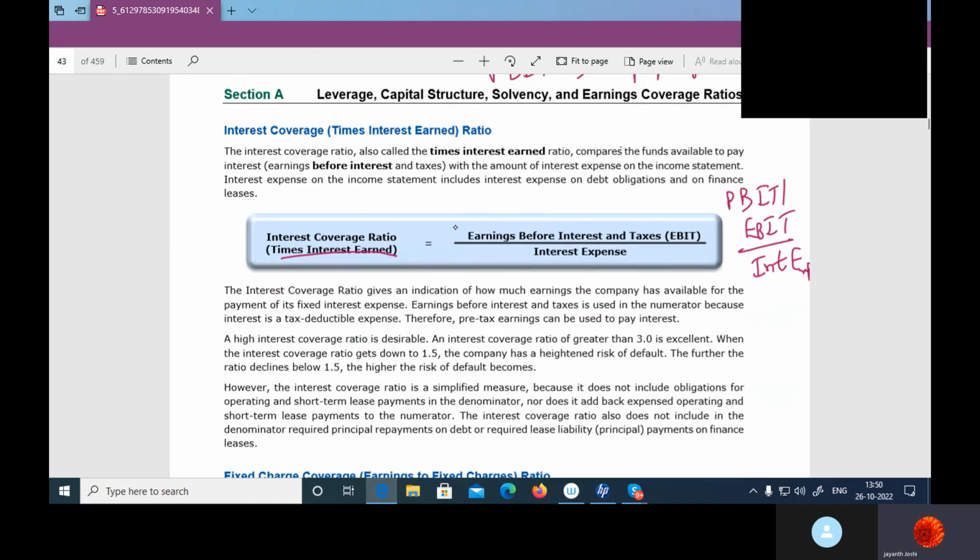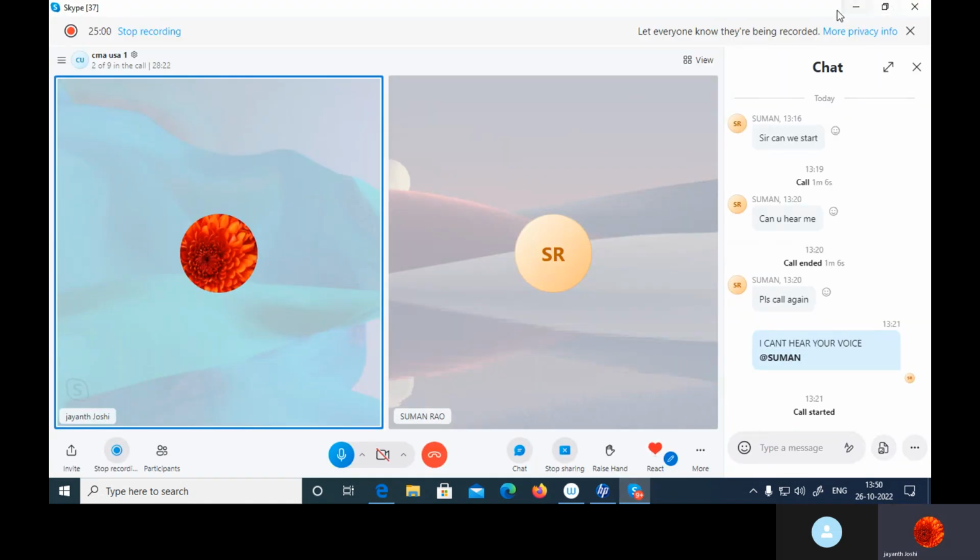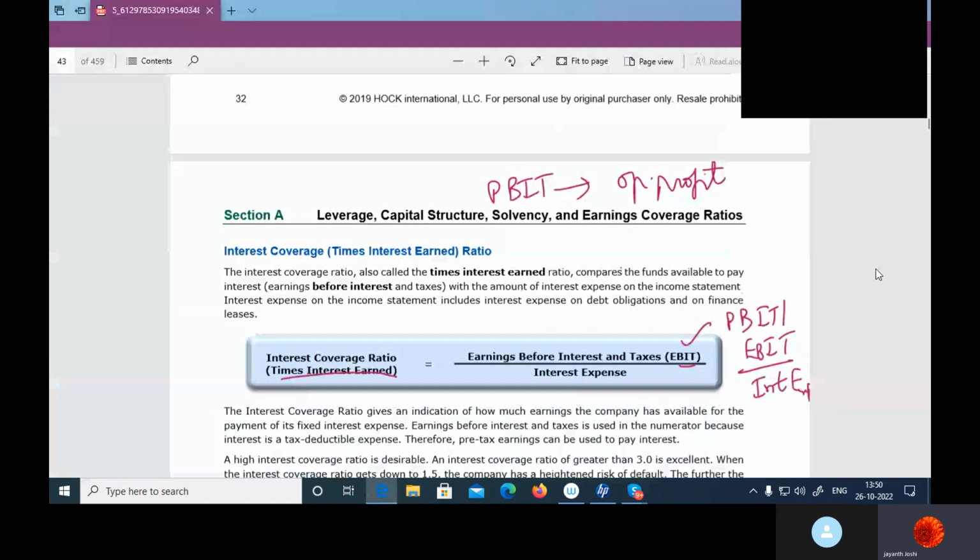You will pay the interest to bondholders or the banks from which you have borrowed out of your operating income. Until you get your operating income, how will you repay them? To repay the bondholders or the banks from whom you have taken loans, you should first get your operating income.